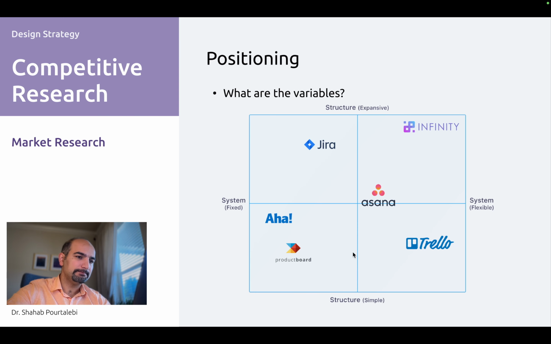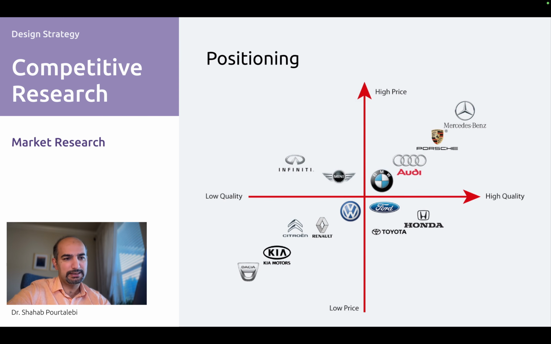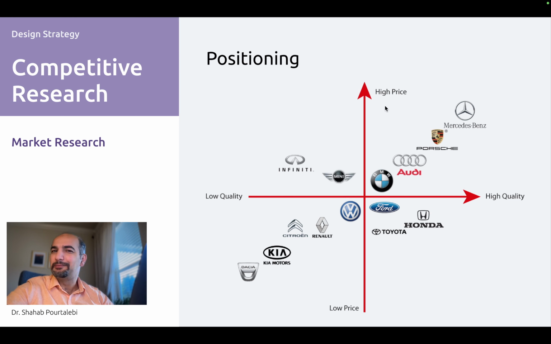Okay, so another one, and this is one of the famous ones, is when you consider quality and price as two variables or attributes in positioning. That's obvious.